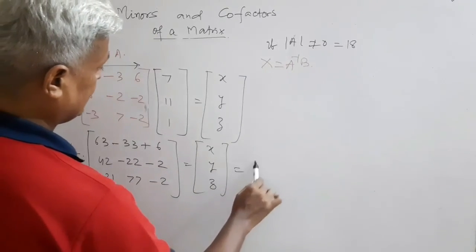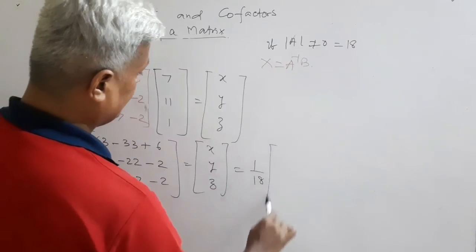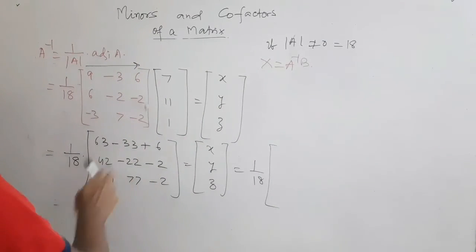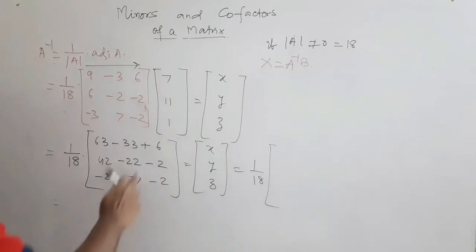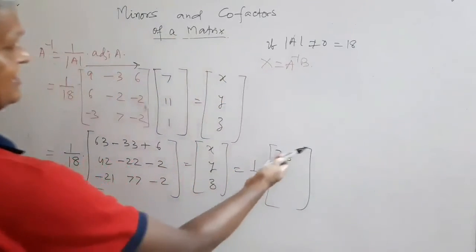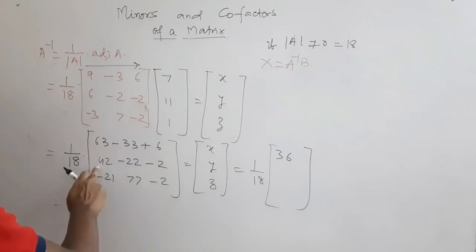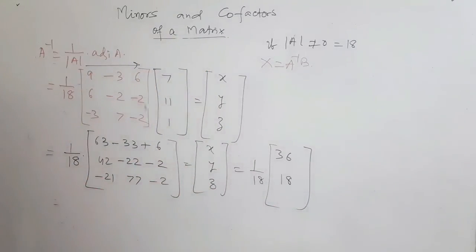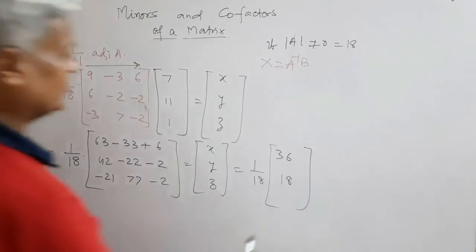And this is your XYZ. Now 1 by 18, I simplify this part and write there. So 63 minus 33 is 30. 30 plus 6 is 36. Better. At least I can say that this is reducible by 2. Now 42 minus 22 is 20. 20 minus 2 is 18. I think these two values I am getting correct. Now 77 minus 21 is 56. And 56 minus 2 is 54.